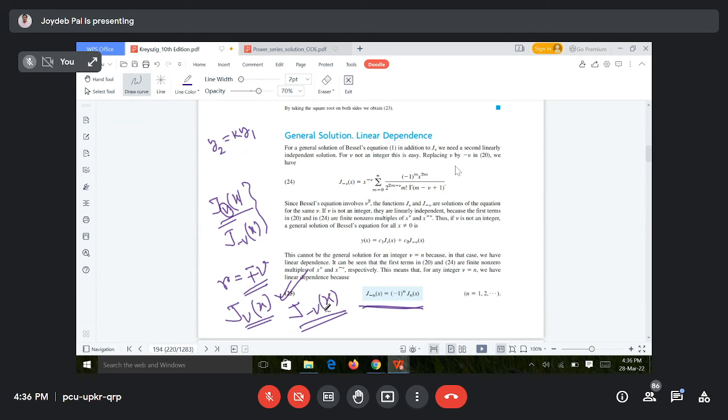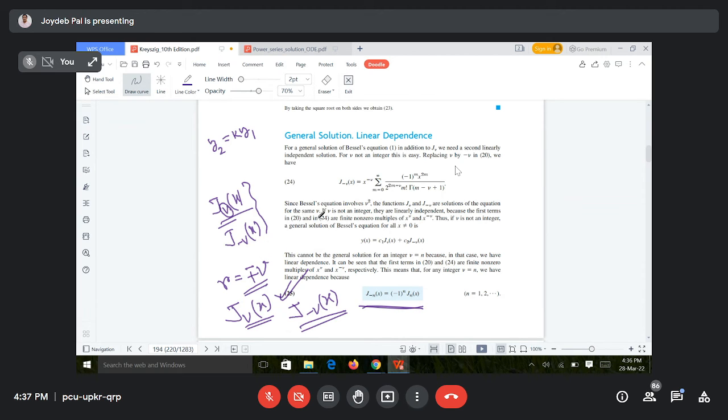If they are independent, they form a basis of solution. Therefore, we can write the general solution. And if they are dependent, then we cannot write the general solution. There is a conclusion about the solution.